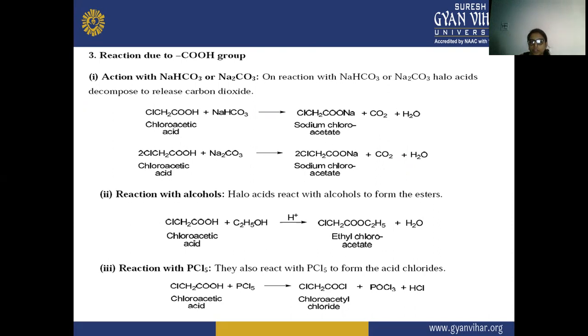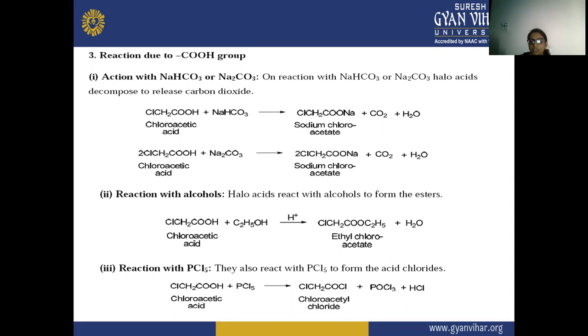So we are reacting these halo acids with sodium bicarbonate or sodium carbonate, that is NaHCO3 or Na2CO3. On reaction with sodium bicarbonate or sodium carbonate, the halo acid decomposes to release carbon dioxide. So here the halo acids are decomposing and there is a release of carbon dioxide.